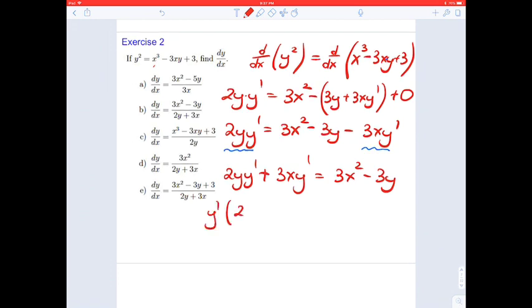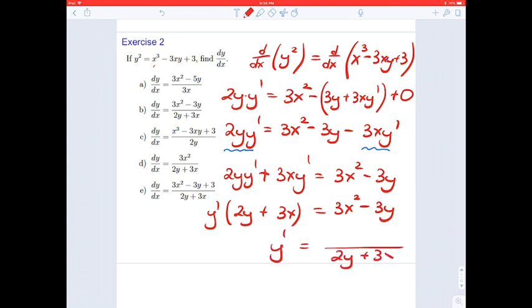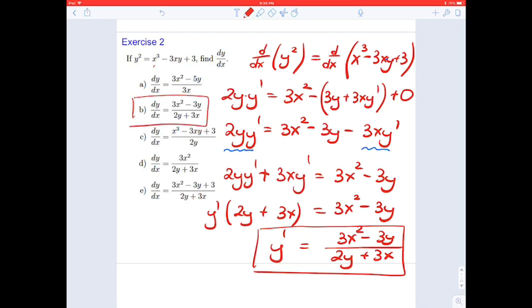Let's factor out y prime. 2y plus 3x will stay in the parentheses, and I have to copy this, and I will divide both sides of the equation by 2y plus 3x. 3x squared minus 3y was on the right hand side. This is the final answer, and I see this answer in option B. 3x squared minus 3y over 2y plus 3x.